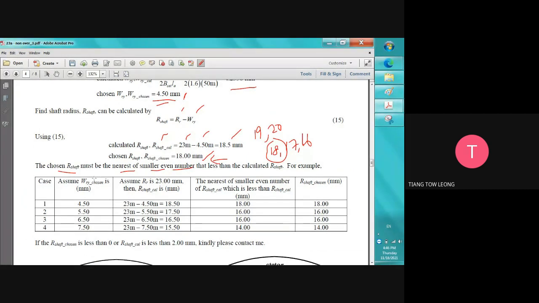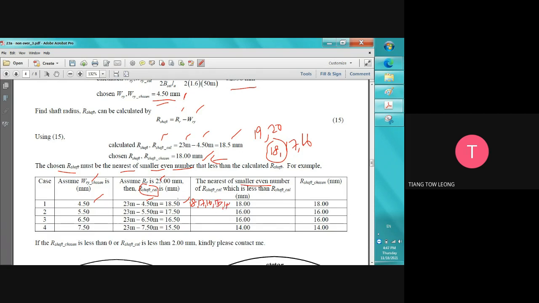So for example, if our WRY chosen is 4.5, then our R shaft calculated is 23 minus 4.5, which is 18.5. The values we can choose are 18, 17, 16, 15, 14, and so on.